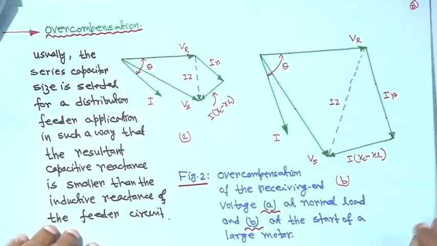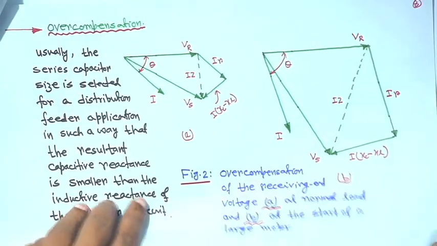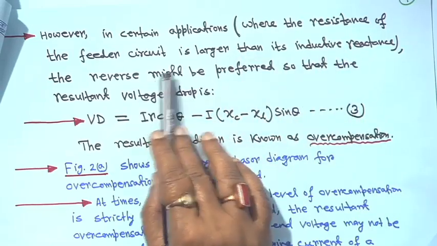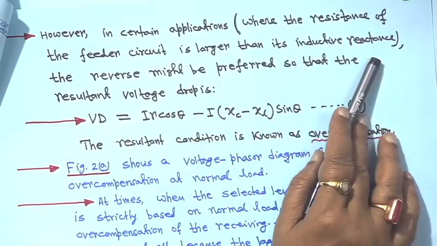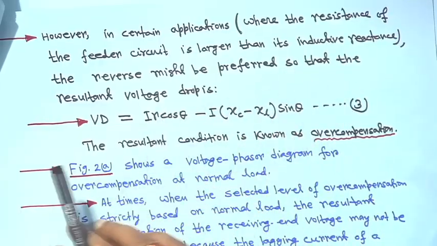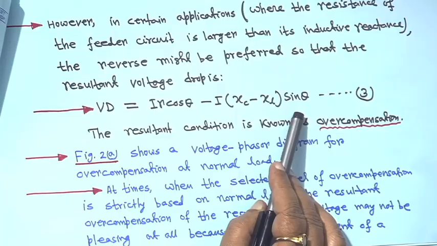Now, the second thing is the phasor diagram at the start of a large motor. In certain applications where the resistance of the feeder circuit is larger than its inductive reactance, the reverse might be preferred, so that the resultant voltage drop will be IR cos theta minus I (XC minus XL) sin theta.